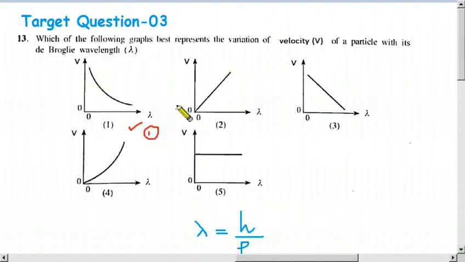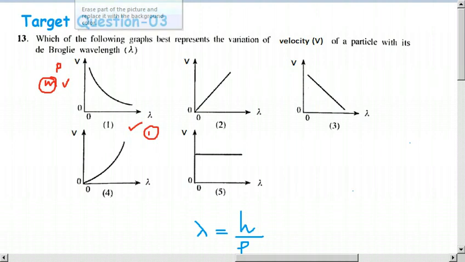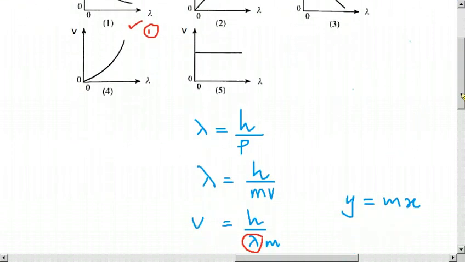And you can also achieve this answer like this, because previously we took p to the y-axis. So p equals mv. m is constant, so the shape doesn't change. If you multiply the variable by a constant, the shape doesn't change, but the values will change, keeping the shape the same.